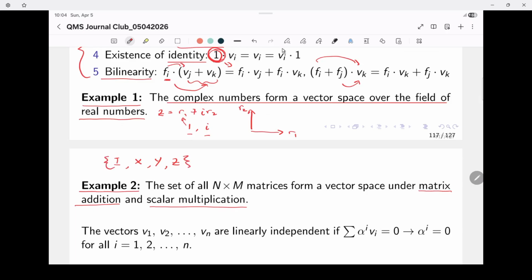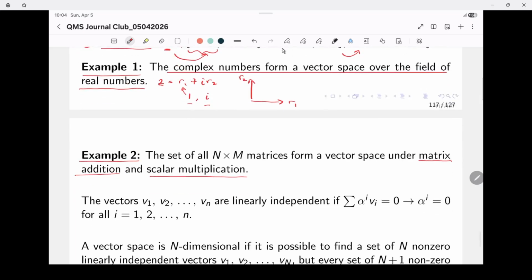So these form your basis for a vector space, even though they are also group elements. It's hard to draw an example at this point for example 2, but later on, probably we can try to see how it is.